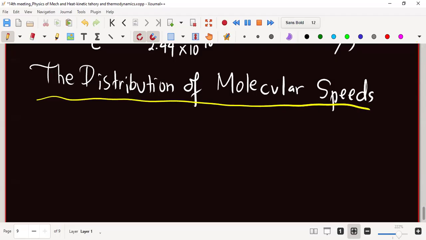So in 1852, Scottish physicist James Clerk Maxwell first solved the problem of finding the speed distribution of a gas molecule. This one is Maxwell's speed distribution law. It's called Maxwell speed distribution law.